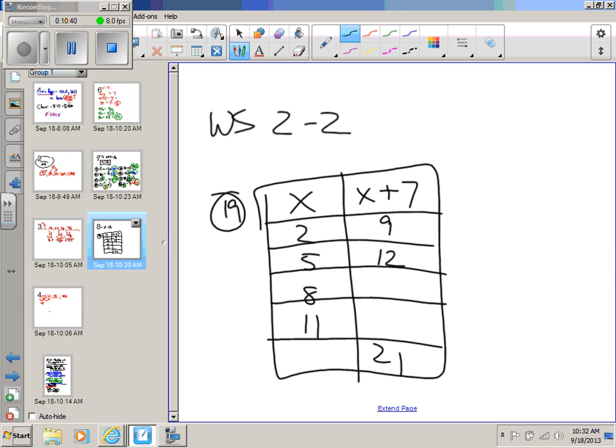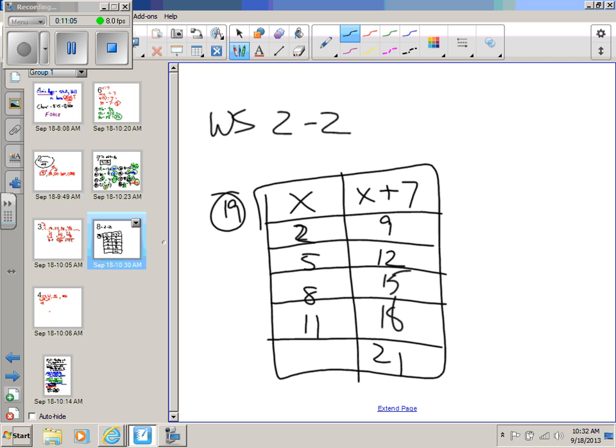So basically, the x values are what they give you. You plug it into the problem. The 2 plus 7 was 9. The 5 for x plus 7 was 12. 8 plus 7 is 15. I fill in that blank. If x is 11, 11 plus 7.